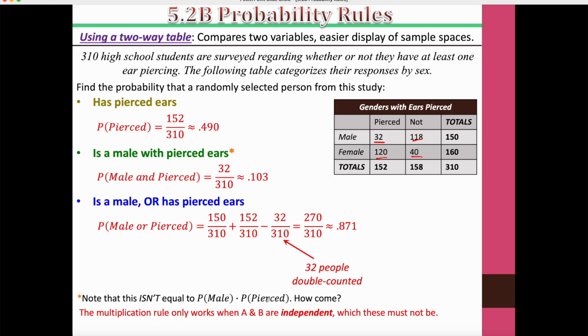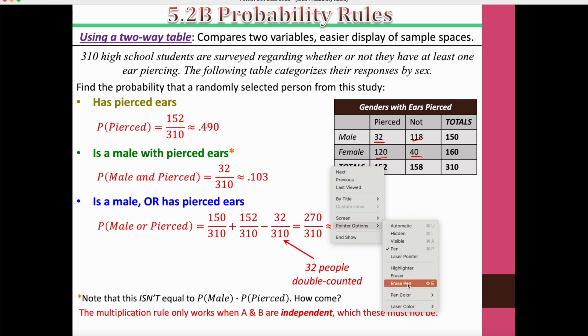So the multiplication rule doesn't apply. Later on, we'll talk about conditional probability, but for now, just know not to overextend our applications here, and that independence is something we should consider in the back of our mind. Just use the visual. I think that's the bottom line of this whole page. Really just use the table and pick and choose things that fit our criteria to make life a little bit easier for us.